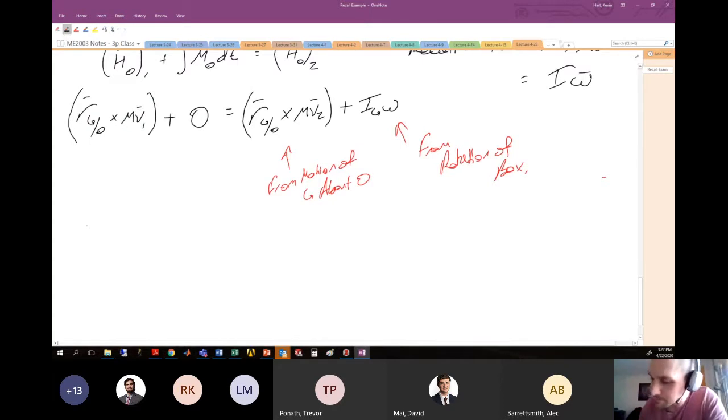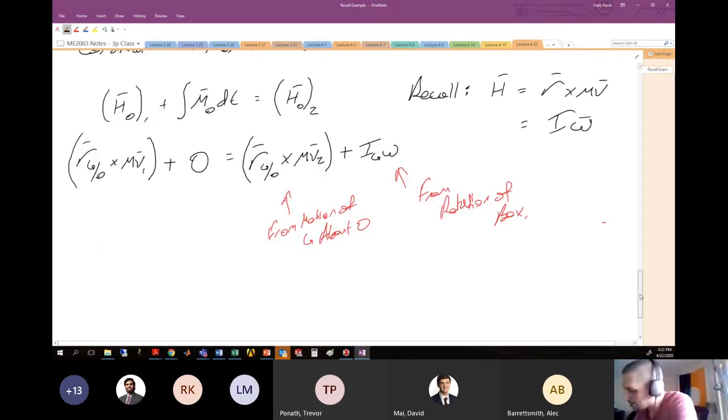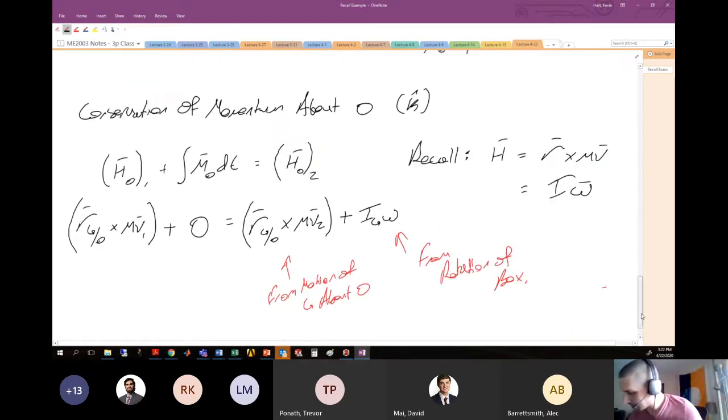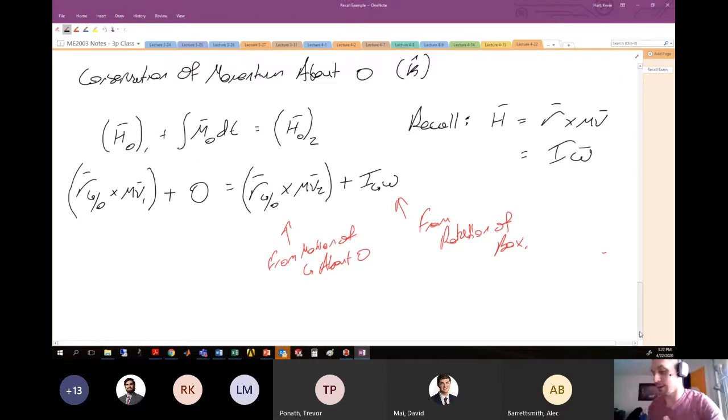We can use shortcuts that we may have seen with cross products to see that, reminder, this dimension here is b on 2. So the cross product between this and this will be in k hat and have a magnitude of b on 2 times m times the magnitude of v1. If that doesn't make sense to you, go back and review cross products.